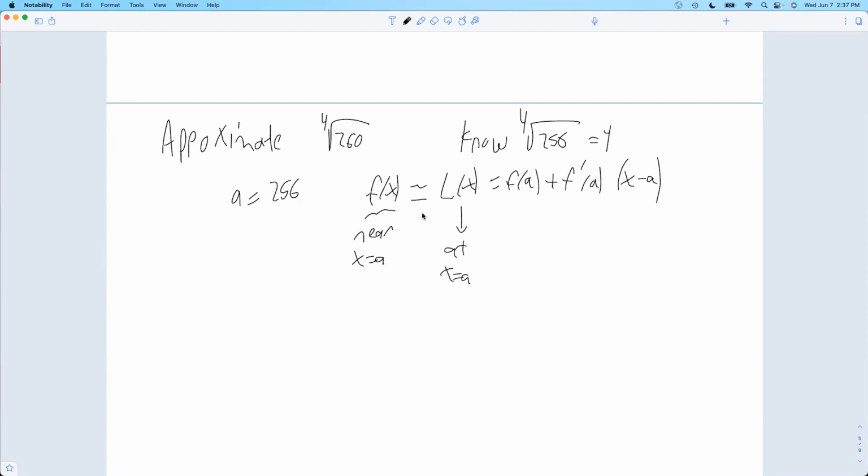Remember, if I move this to the other side, if I write this here as f of x minus f of a is approximately equal to this, and then I divide that over, that right there is just change in y over change in x, which is approximately equal to the derivative.